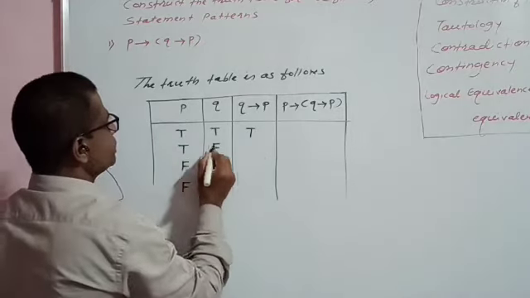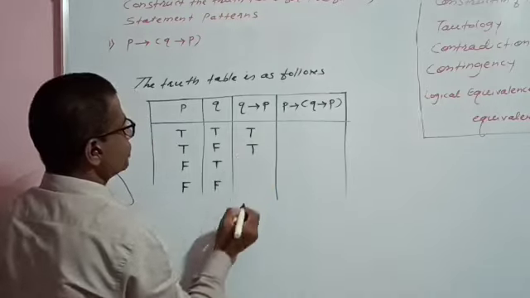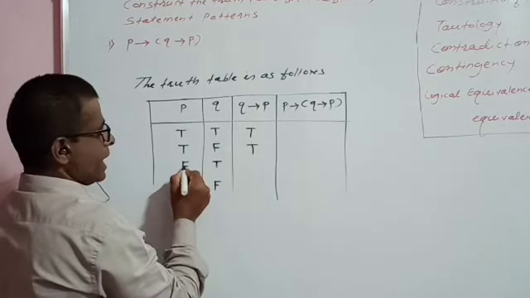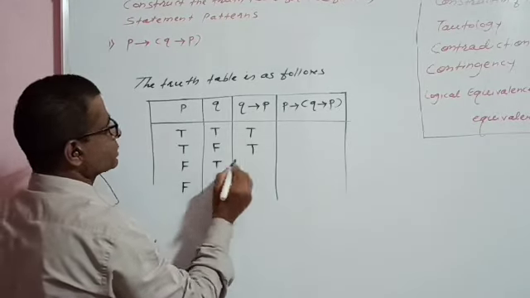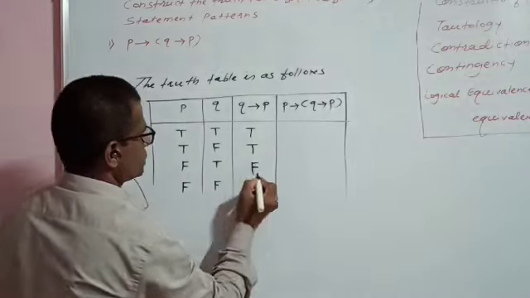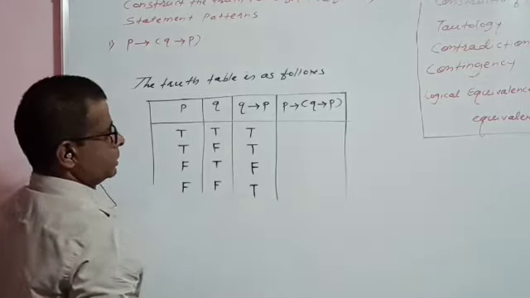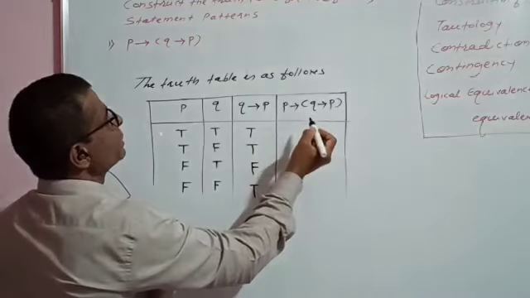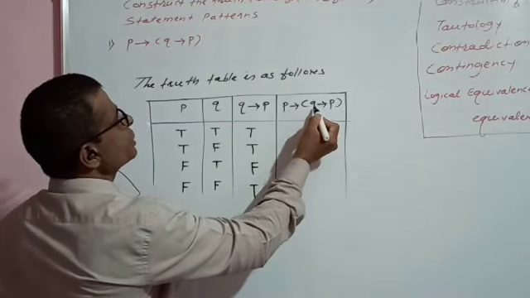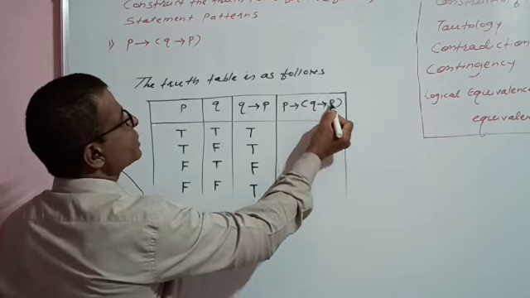F conditional T, it is also true. T conditional F, first is true, second is false, then it is false. And F conditional F, it is true.